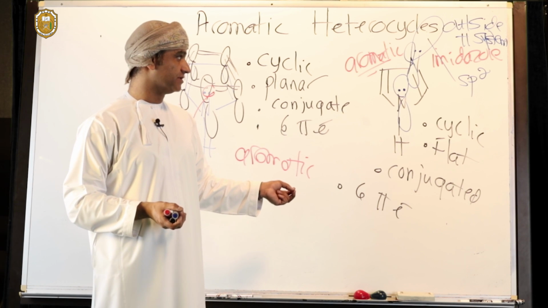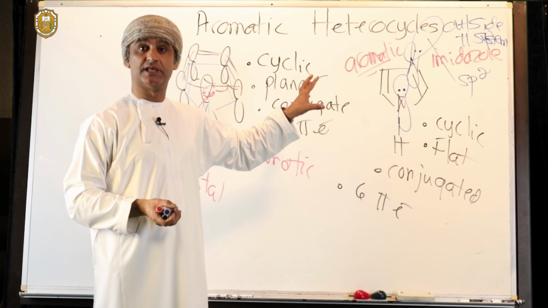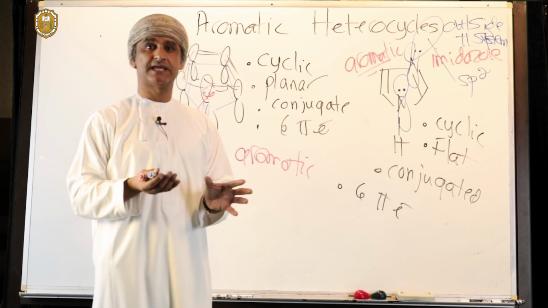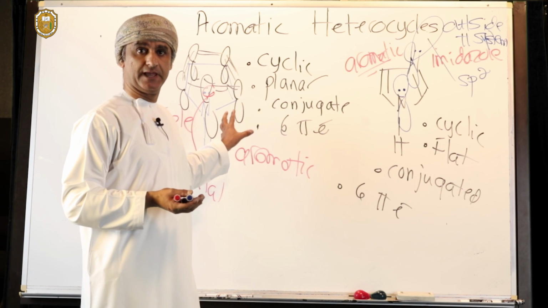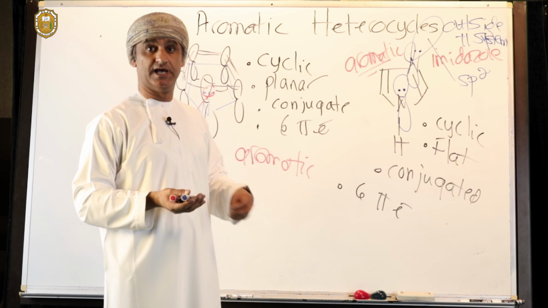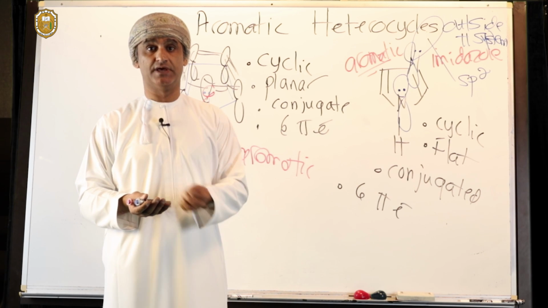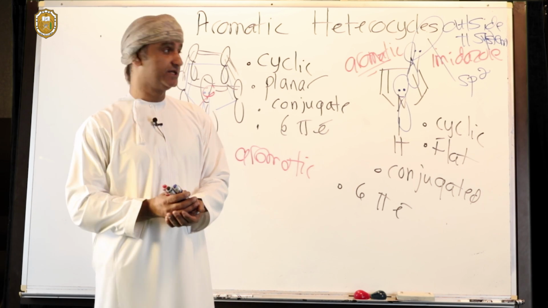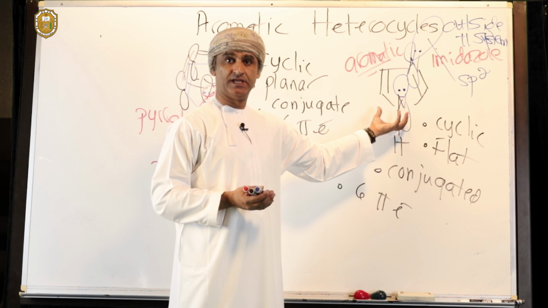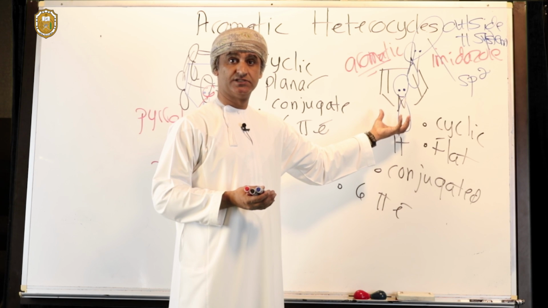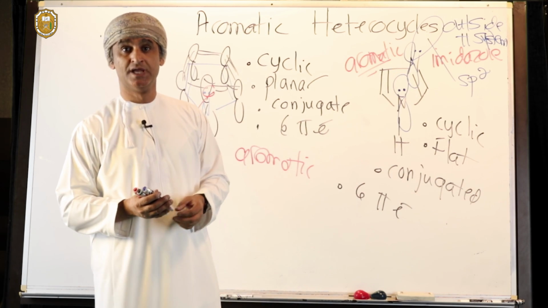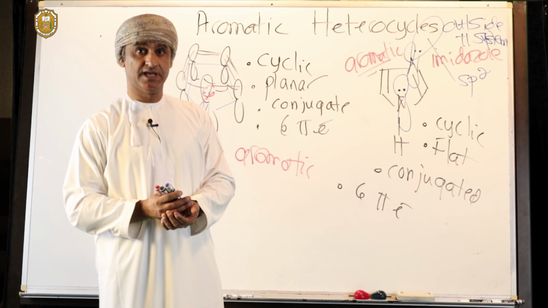What's very interesting here is that imidazole has common characteristics of 5-membered heterocycles such as pyrrole on one hand, and 6-membered heterocycles such as pyridine on the other. On this side it resembles 5-membered heterocycles like pyrrole, and here, because it contains an imine functional group, it resembles 6-membered heterocycles.